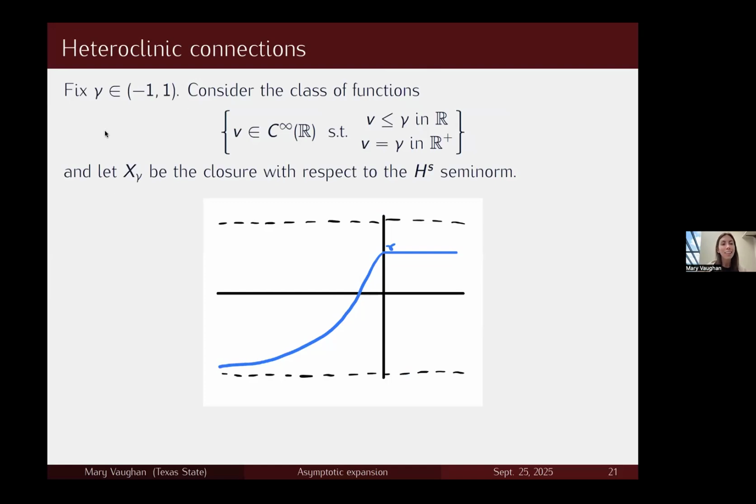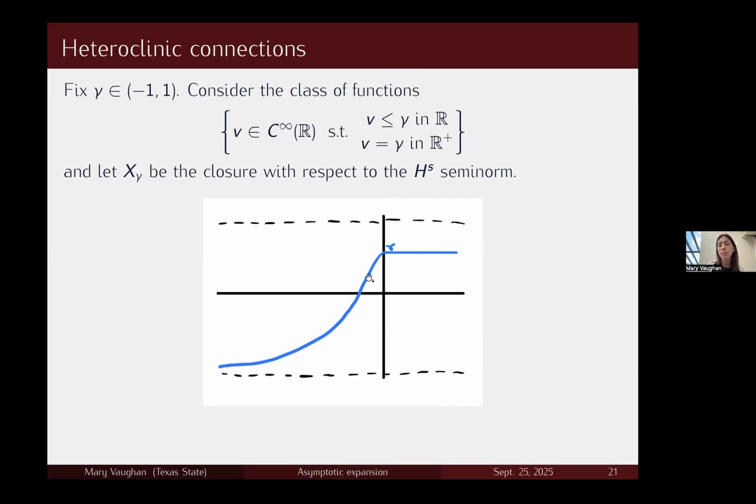Well, the idea is we'll fix gamma in (-1, 1) because we're assuming our boundary data G is strictly less than 1 in absolute value. So gamma is between -1 and 1. And we'll consider the class of functions that are constantly equal to gamma in the right half space, so when x is positive, and less than or equal to gamma everywhere.